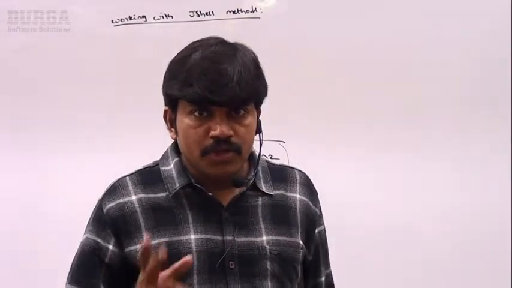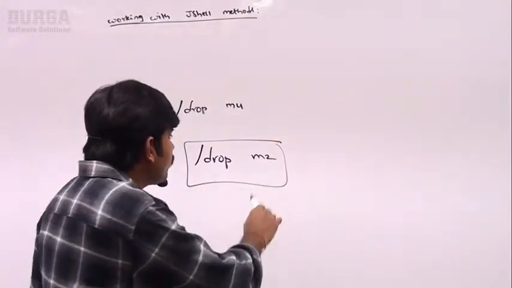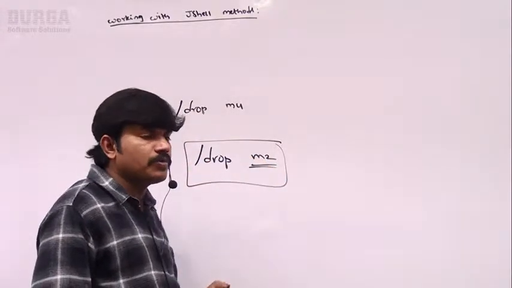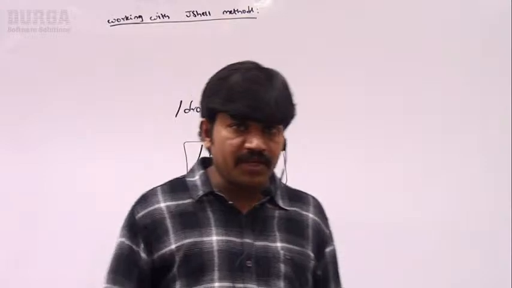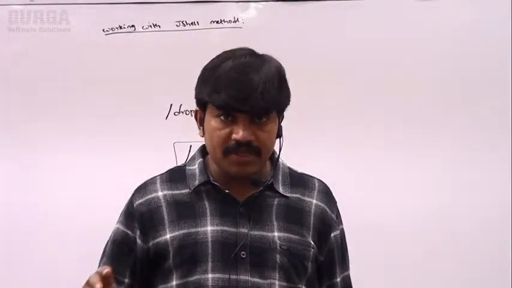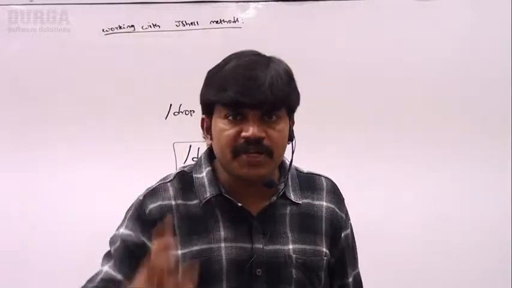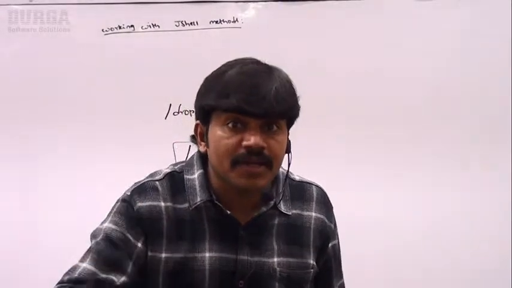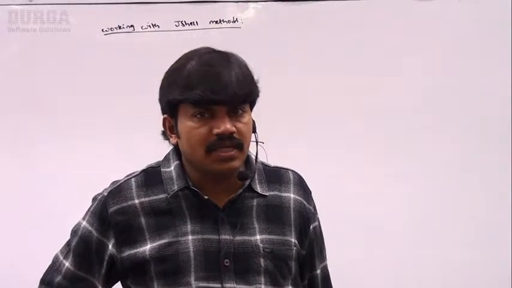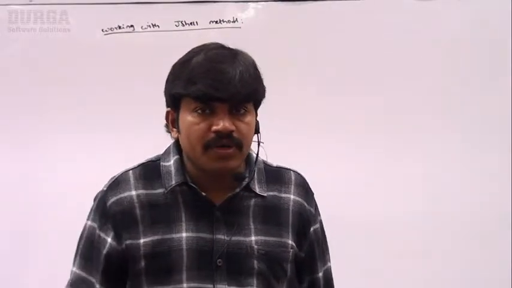Please respond. 2 m2 methods are there, sir, but I am using /drop m2. Can you please tell which method will be dropped by default? Either the first method will be dropped, or the second method will be dropped, or both methods will be dropped, or am I going to get any error in the JShell? Yes, please respond. What are we going to get?